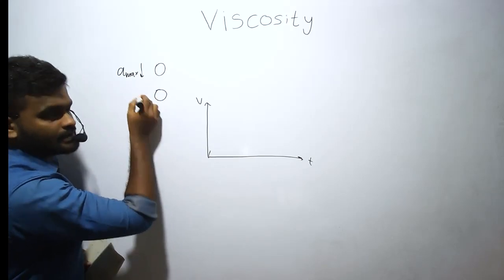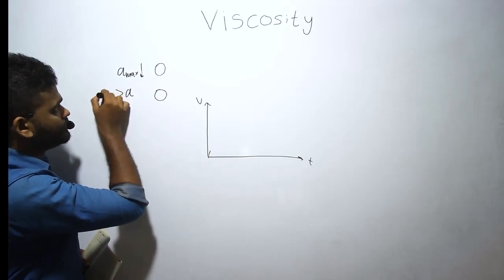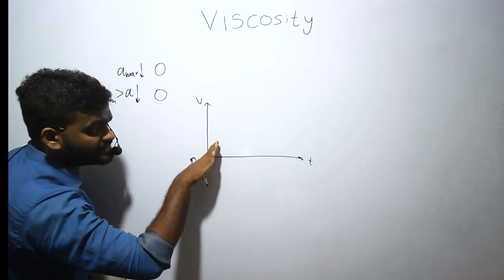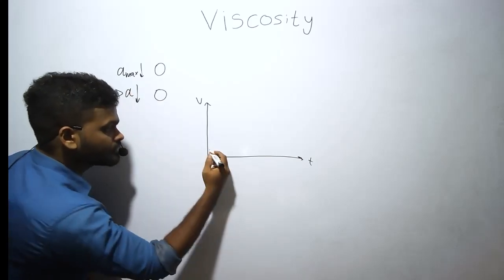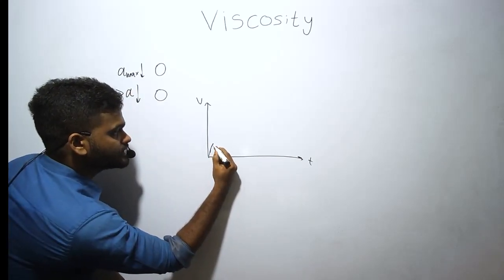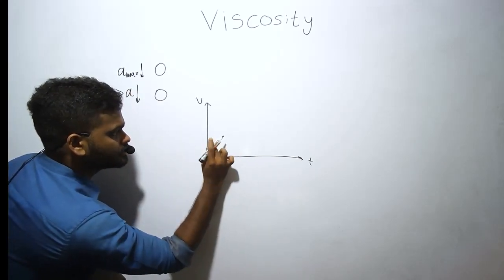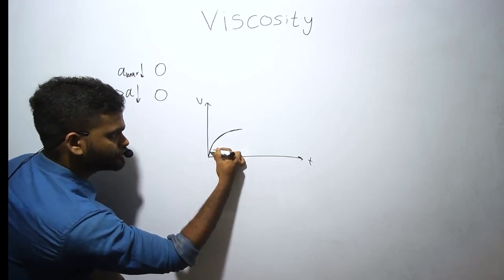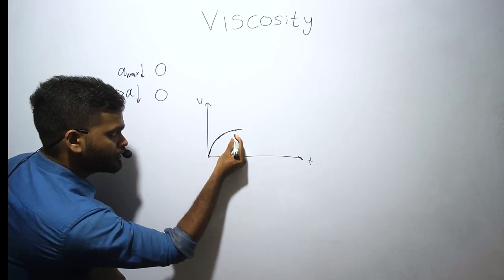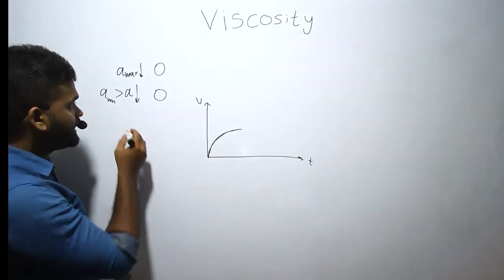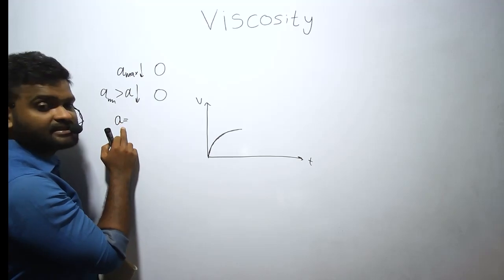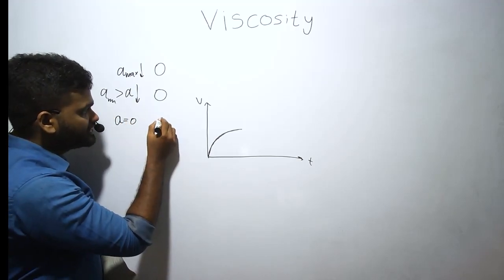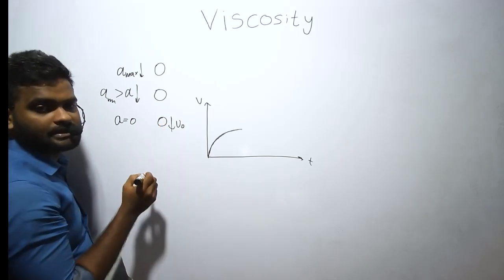As it falls down, what happens? Acceleration drops, meaning the slope is decreasing. So this should be curved. Understood? Slope is decreasing, and then this decreases up to 0. Acceleration becomes 0 then. At this moment, it has gained terminal velocity.